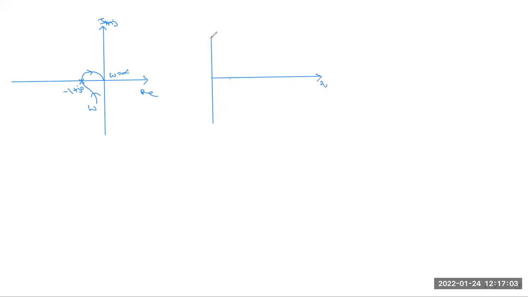This is time. This is the output of the response. Something like that. So this is the stable region we have to pick, and sometimes it is stable and sometimes it is unstable. So this system is called the marginally stable format.